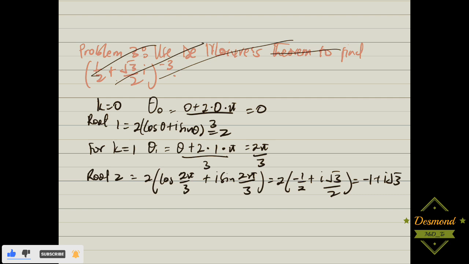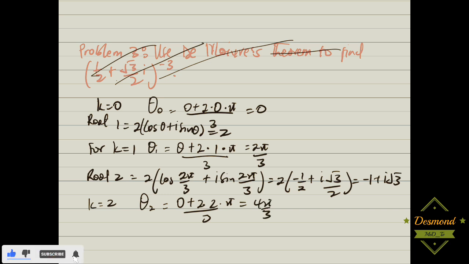Very simple. Now our last one is for k equal to 2. So for k equal to 2, we have theta subscript 2 equal to 0 plus 2 multiplied by 2 multiplied by pi on 3, and we get 4 pi on 3, right?